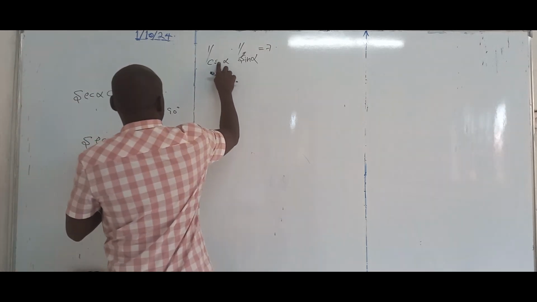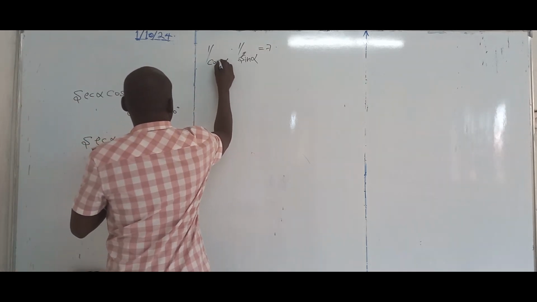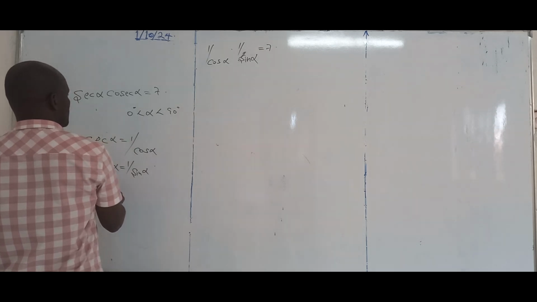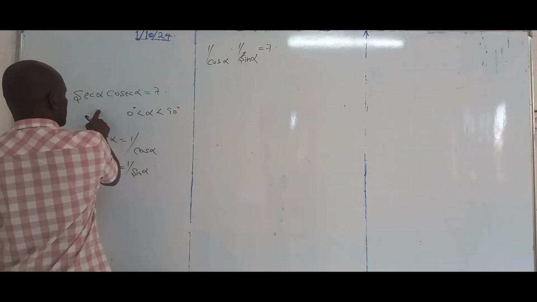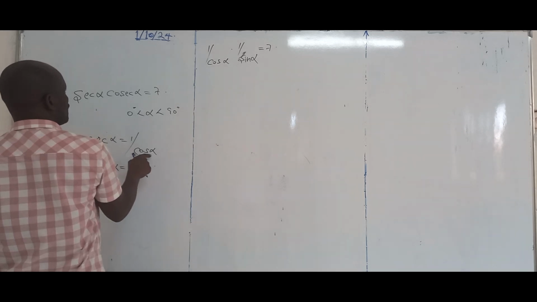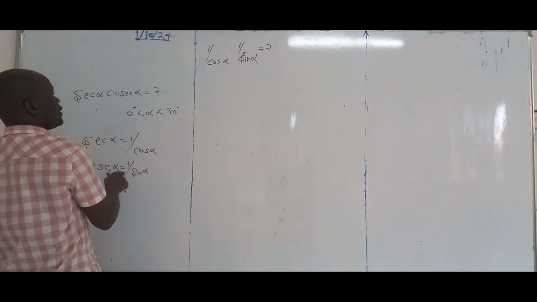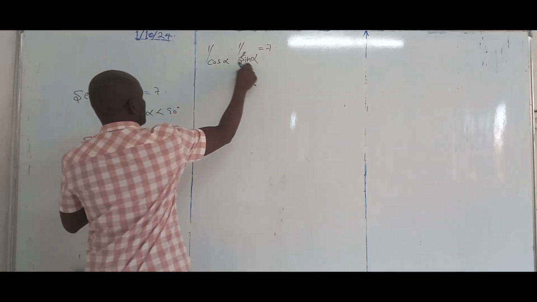Sec alpha is 1 over cos alpha, then cosec of alpha is 1 over sine alpha. So that's what we have.